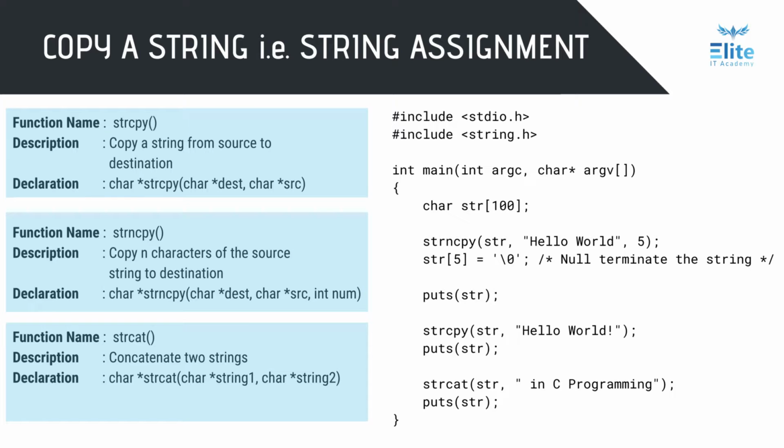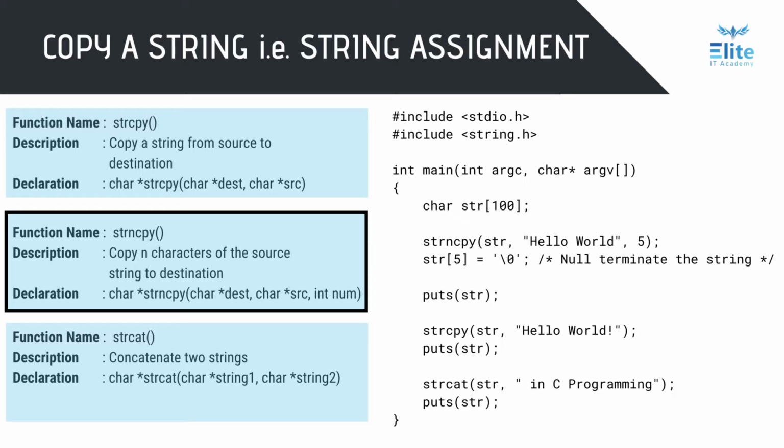Note that in all string functions in C, the functions have no way of knowing how much memory is allocated to the string. It is the responsibility of the programmer to allocate enough memory for the destination string. If the string overflows the allocated memory, it results in runtime errors. The strncpy function is similar to the strcpy function.